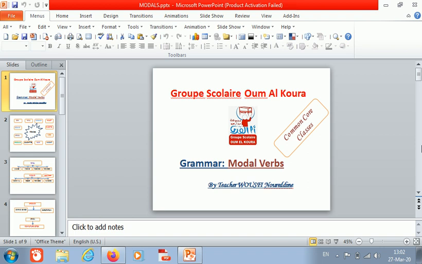As I promised you last time, one of the lessons that students are still having some problems in is modal verbs. So today, I am going to make it a bit easy for you to understand the difference between all these modals. So we shall start, inshallah.